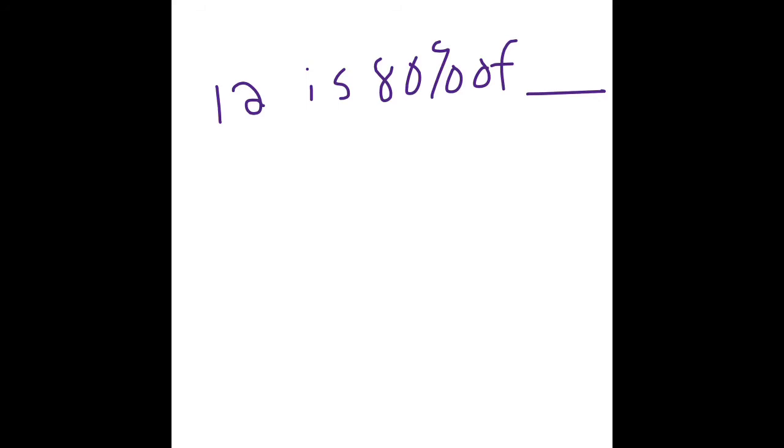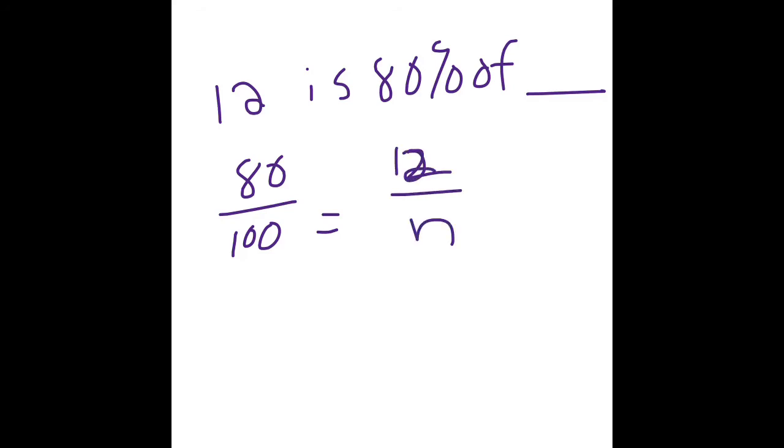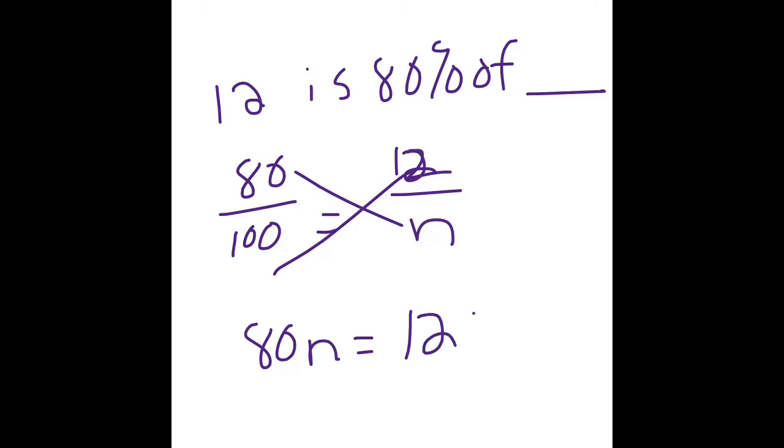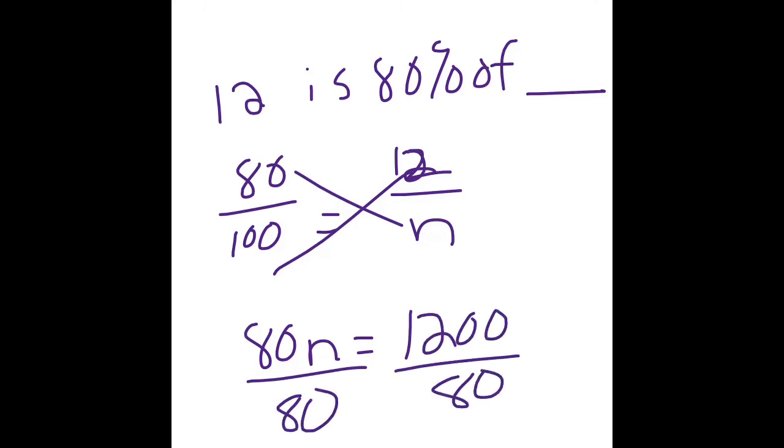So we're going to set it up as 80 over 100 equals 12 over n. Divide both sides by 80. And what do you get here? n equals 1200 into your calculator first, divided by 80. We get 15.